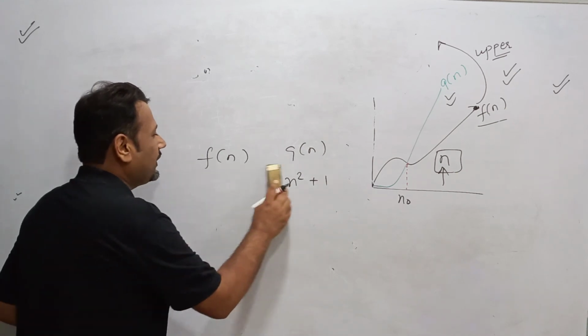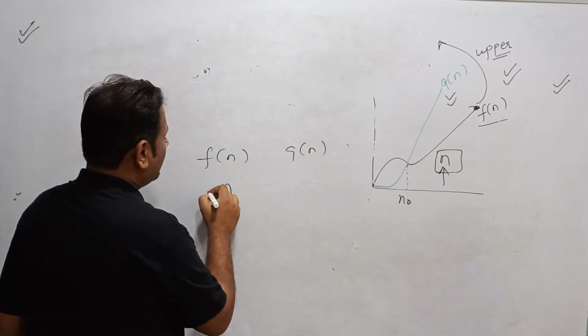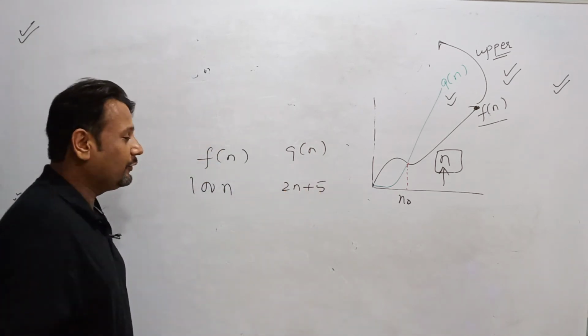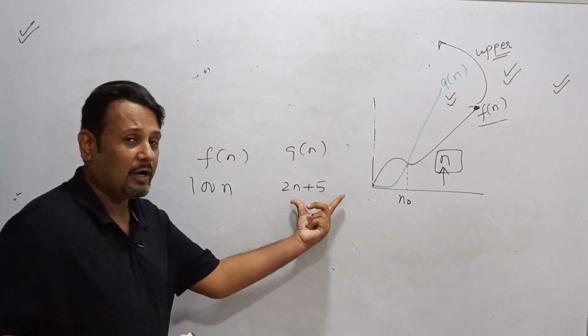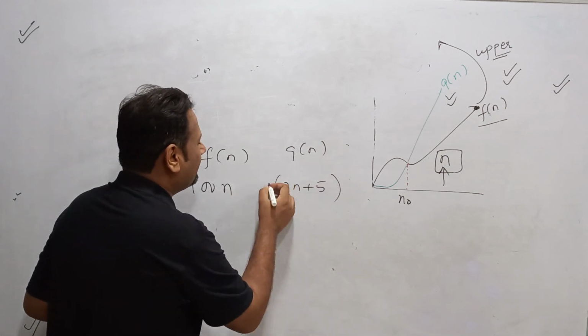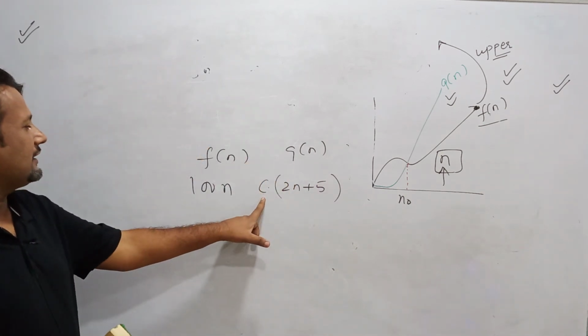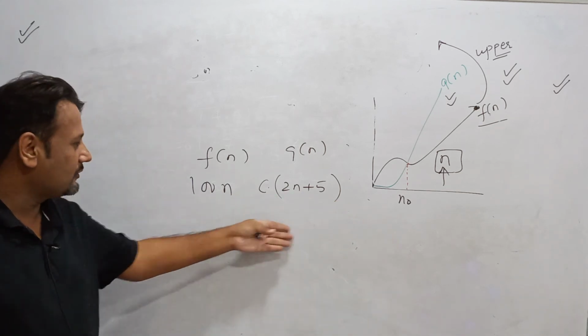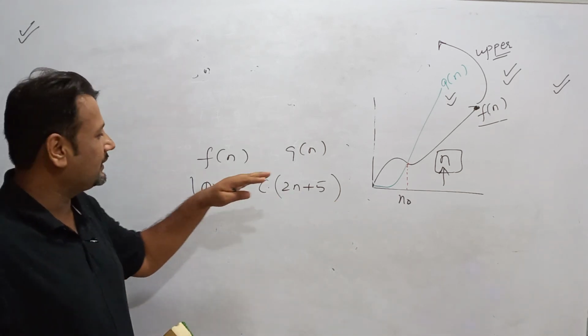But if you are comparing, let's say, 100n with 2n + 5, we can prove that this can be less than this. Why? Because we have the liberty that the constant can increase. We can take c = let's say 51, and that's all, work is over. This is always going to be less than this one.